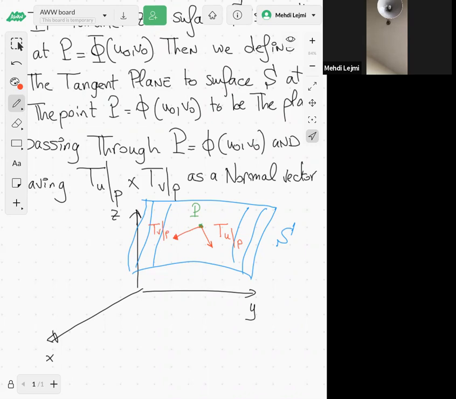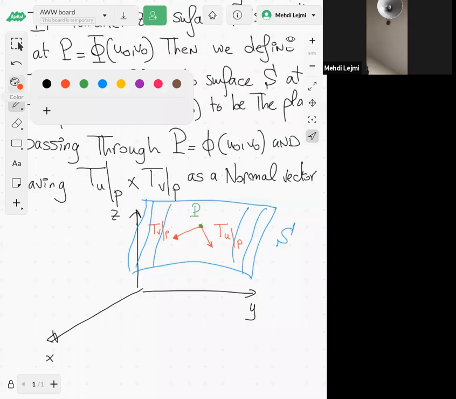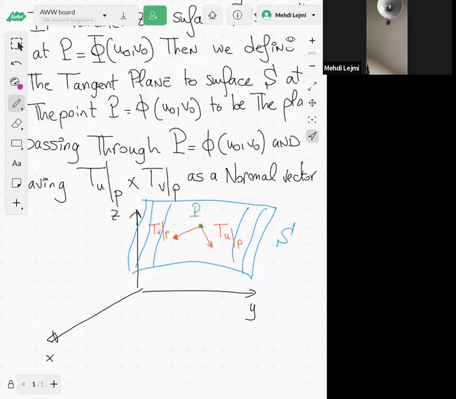So we have two tangent vectors, and what I'm saying here, guys, is that the tangent plane to the surface S at the point P would be the plane spanned by these two tangent vectors and containing the point P. So that will be this plane here.